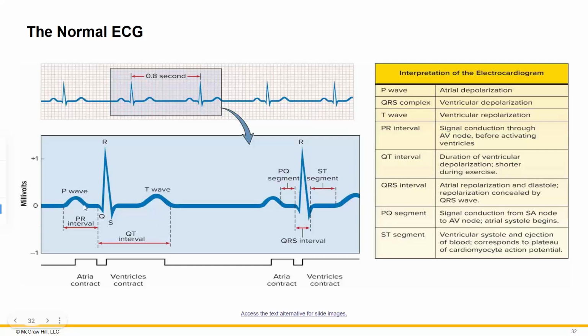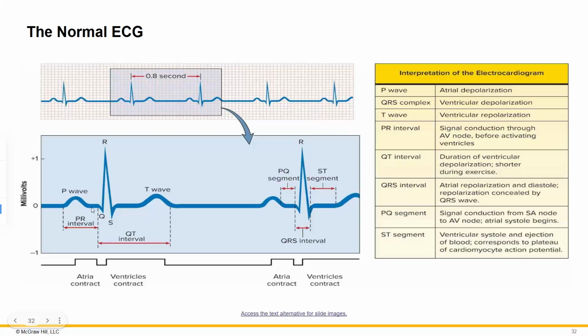We have a P wave, the QRS complex, followed by the T wave. The P wave indicates atrial depolarization. In other words, that's when the signal is spreading through the atria. Shortly following the P wave, we have the contraction of the atria. So atrial systole happens right within this time frame.